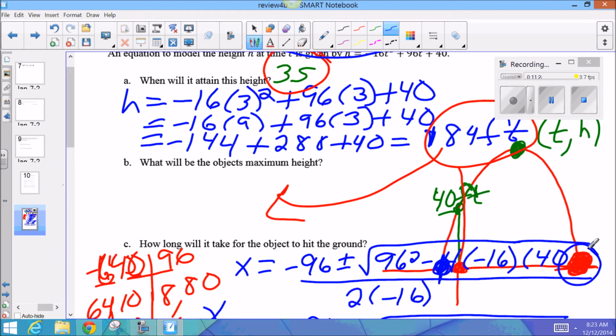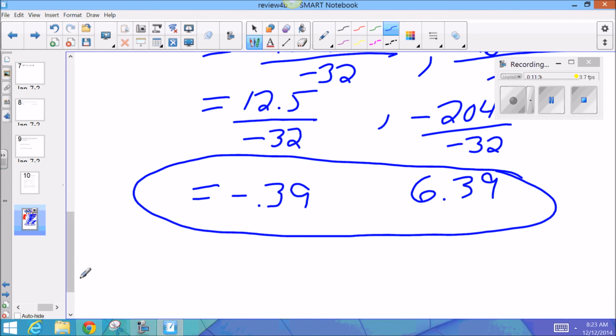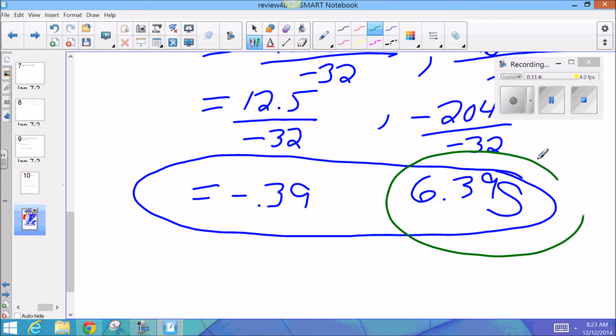This point over here is the positive one, and that's answering the question, how long does it take to hit the ground? So 6.39 seconds, that's your answer. Okay.